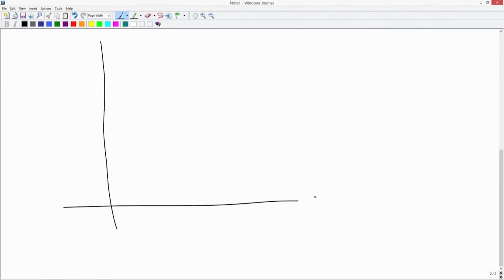Just for simplicity, this is just for illustration, and say I have a simplified model of a car, and say all I can do is move in this direction. I can go forward, I can go back, but steering is not allowed. So, this movement is not allowed.